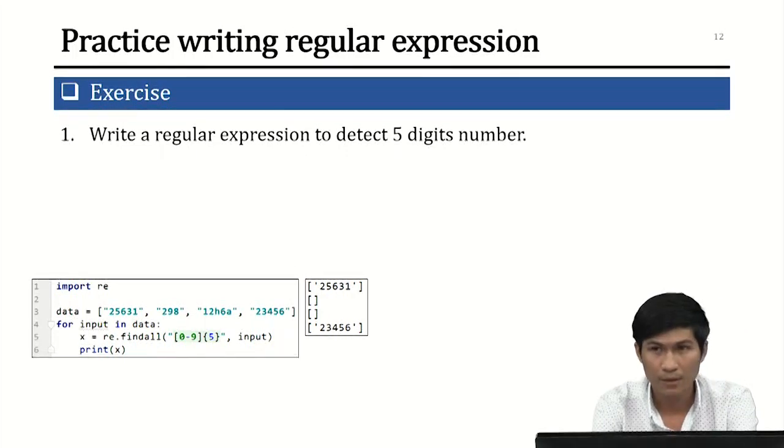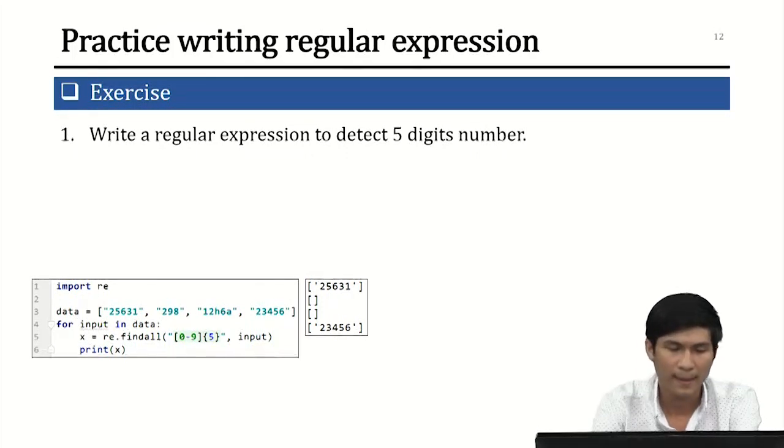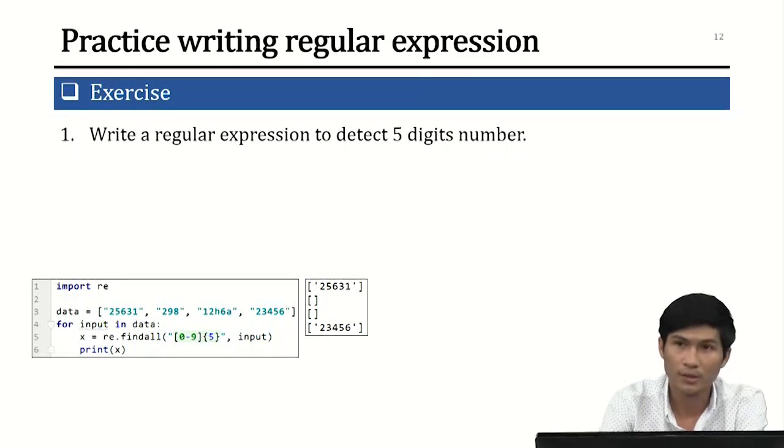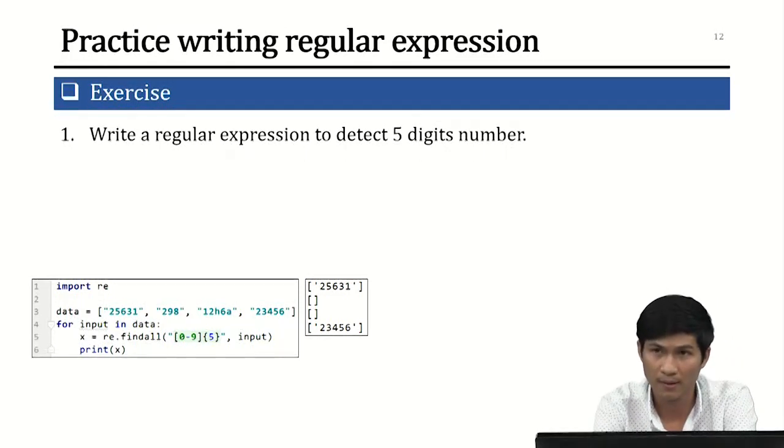And for each of the data in this variable, we find the regular expression using the findall function. So in the findall function here, you specify the range of numbers, right? So the number can be from 0 to 9. And we have the number of occurrences, which is 5. We put it in the curly braces. So it means that it will match the range of numbers from 0 to 9, and there are 5 of them. So that means 5 digits.